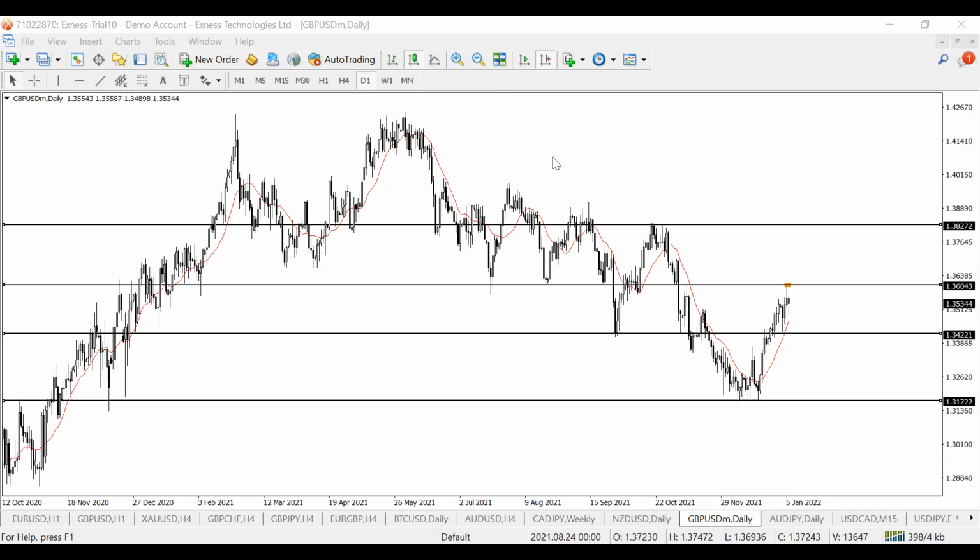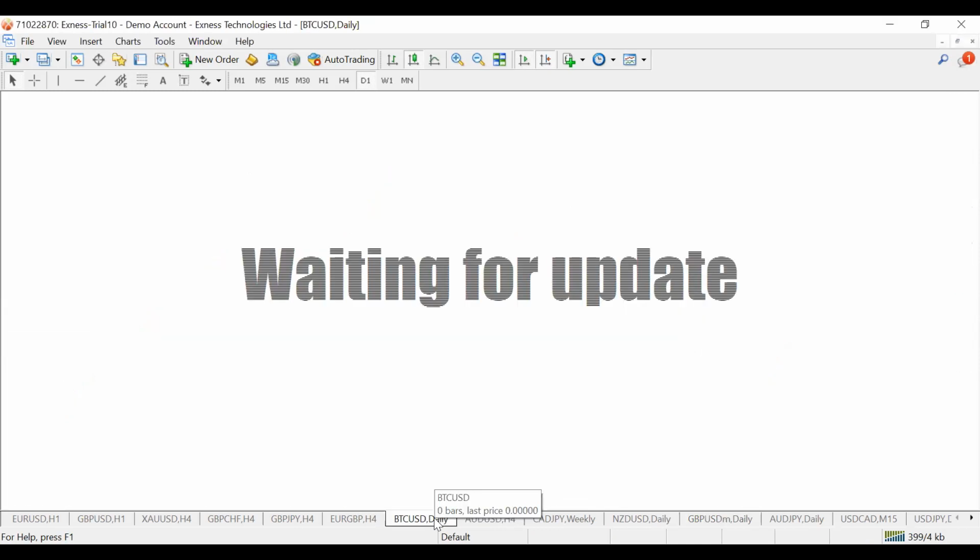Let me go through another chart. Let me go to Bitcoin and USD chart. For those of us who like trading crypto, let's see what Bitcoin is currently doing and see how we can apply this knowledge. I hope this server will allow Bitcoin to load.